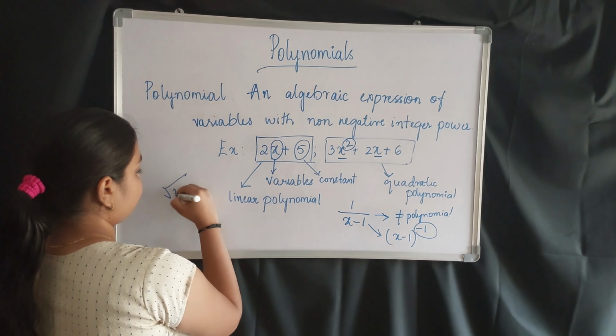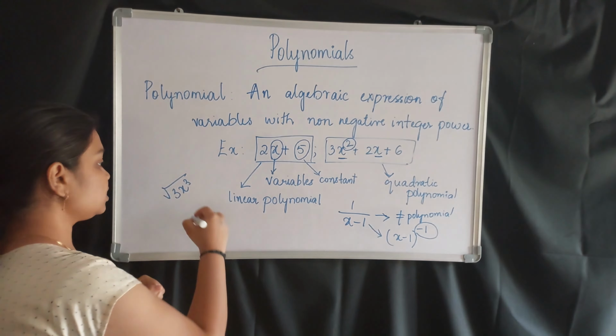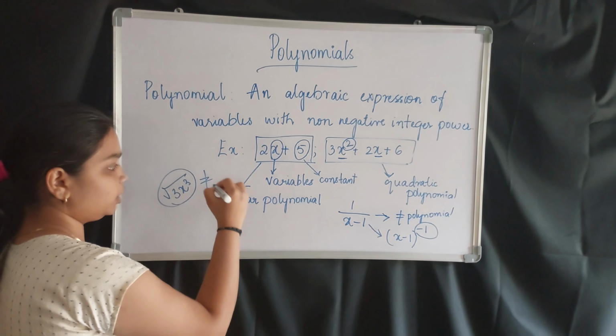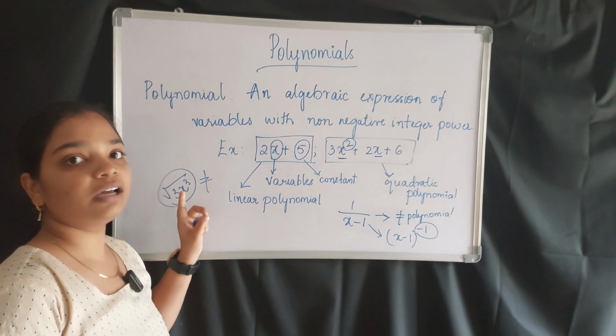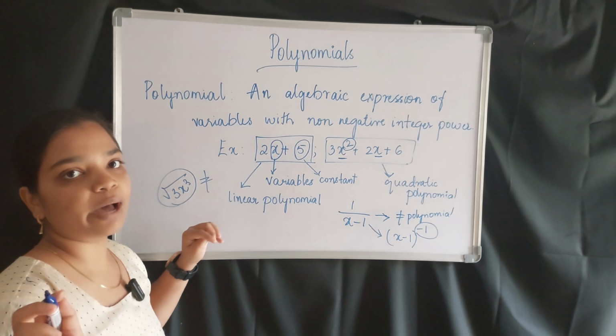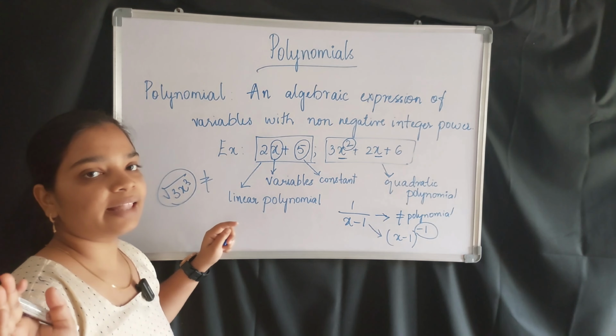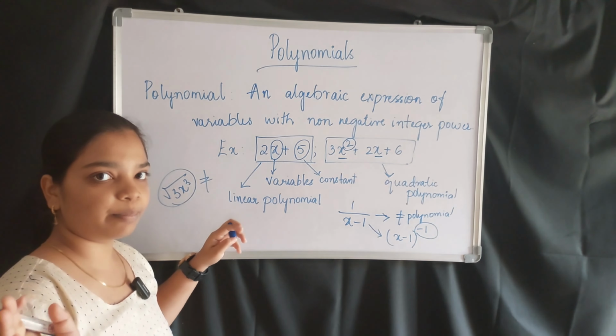For another example, if I take root of 3x cube, this is also not a polynomial because it is having a power of root. We just need to have the power of a positive integer, and that can only be said to be a polynomial.